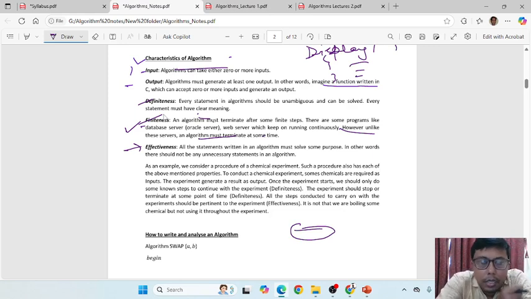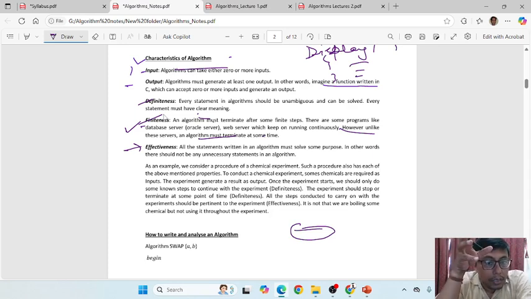For example, while you are conducting a chemical experiment, what do we do first? Some chemicals are required first to start off with that particular experiment. We can consider those chemicals as the input to the procedure which we follow in the entire chemical experiment.